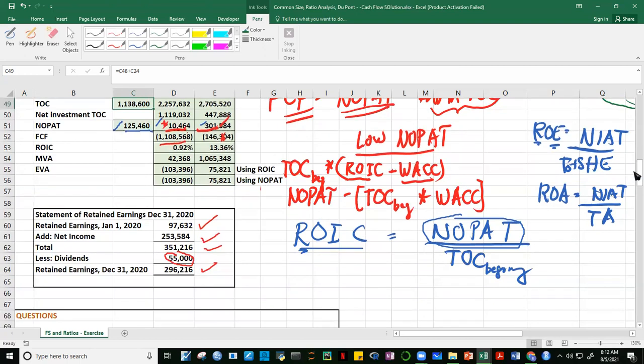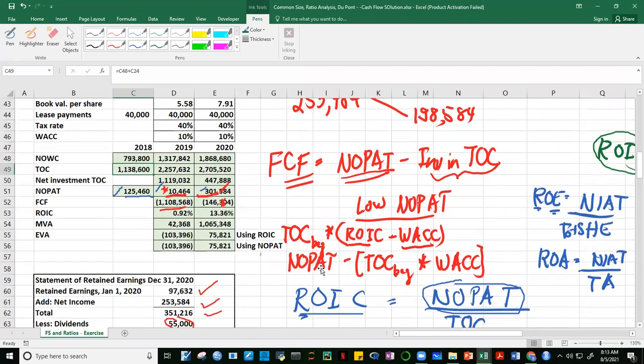So there are two ways to compute for the EVA. Ang na-discuss lang natin yung isa, no? Using NOPAT. Okay, dito, using NOPAT. So how do we compute for EVA? We start with the NOPAT and then we subtract the finance charge, the capital charge. The capital charge is obtained by the beginning capital multiplied by the weighted average cost of capital.